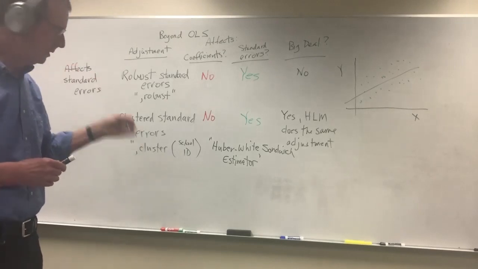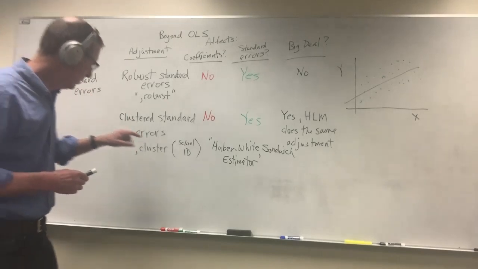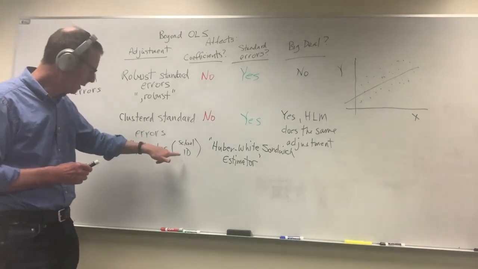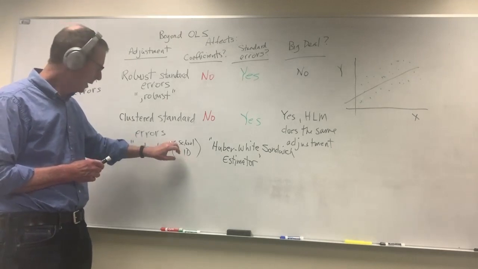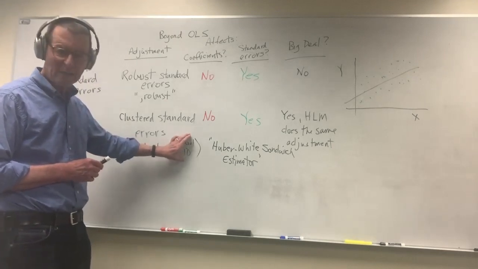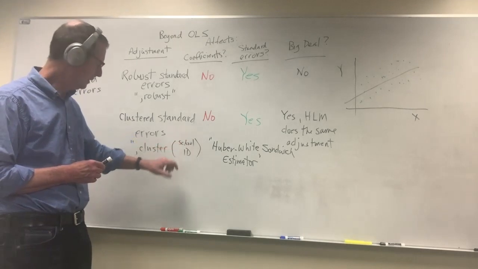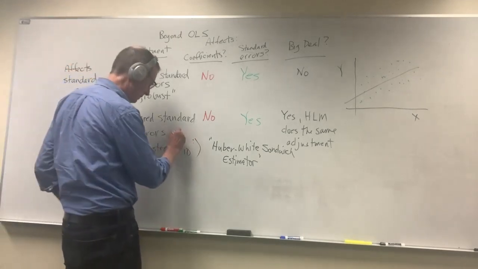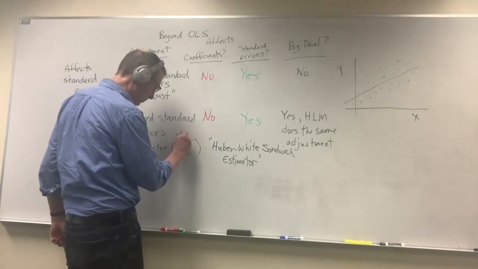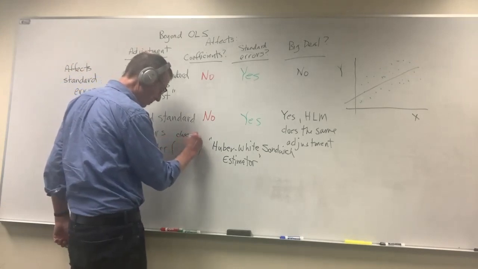So again, I don't want to get into the details here, but you're telling it to look for possible non-independence within the ID categories, right? In the case of the ECLSK, you want classroom ID.